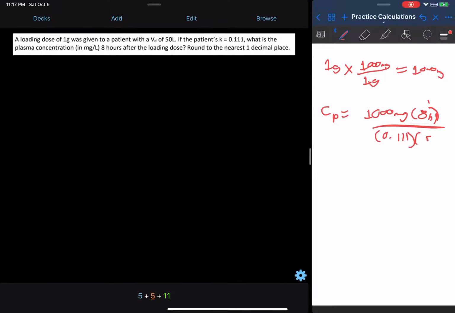Our V is 50 liters. 1,000 times 8 divided by 0.111 times 50. Oh, that is a really high number. That's not gonna work.